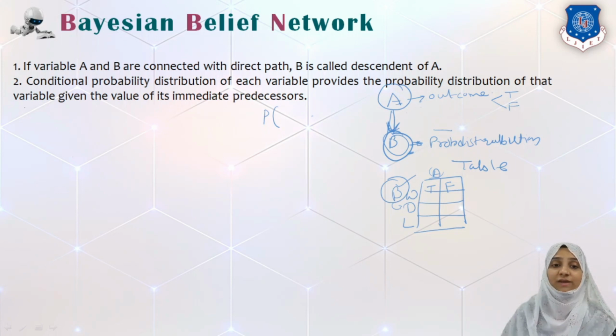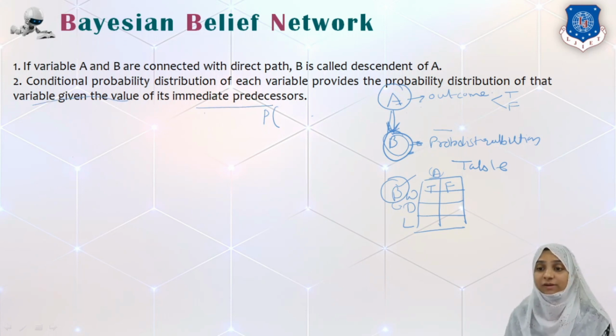So that is what it says, variable given a value of its immediate predecessor. So B's predecessor is A. So we must consider all possible values or all possible outcomes of A. Say for example, A has three outcomes: output 1, output 2 and output 3.